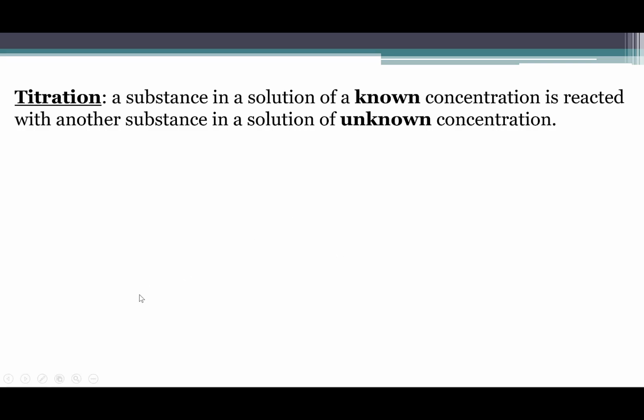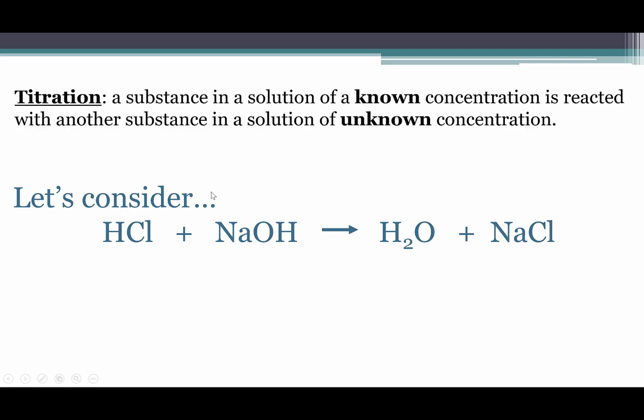There are different types of titrations that we can do, so a multitude of different chemical reactions that we can create to do this known and unknown balance. The most common type of titration, though, is an acid-base titration. So using an acid to determine a base or using a base to determine an acid concentration. So let's consider the following chemical reaction.